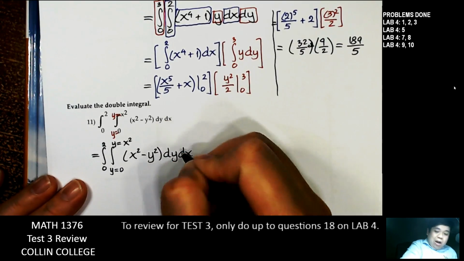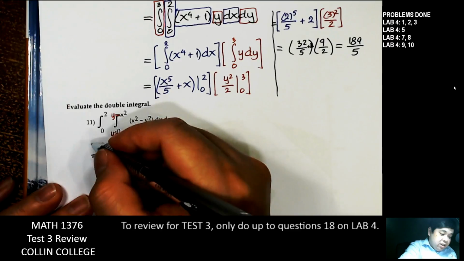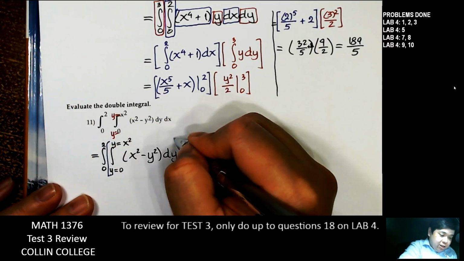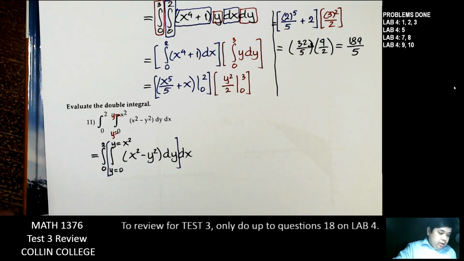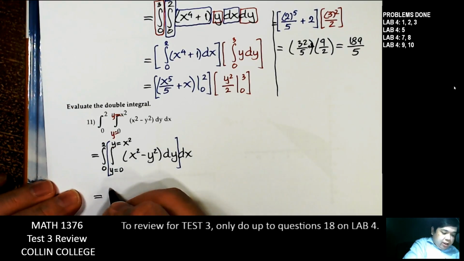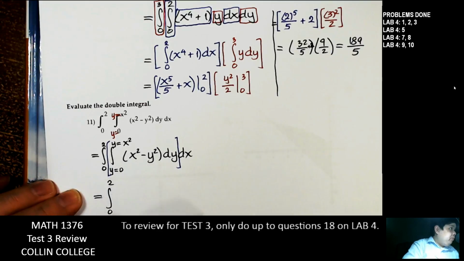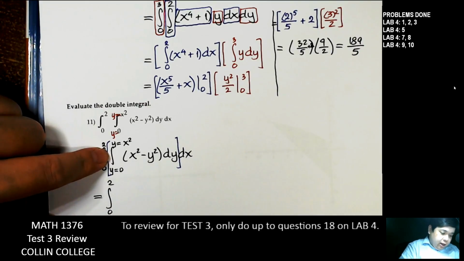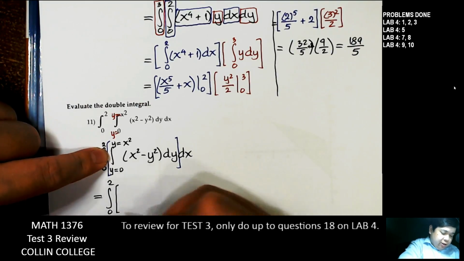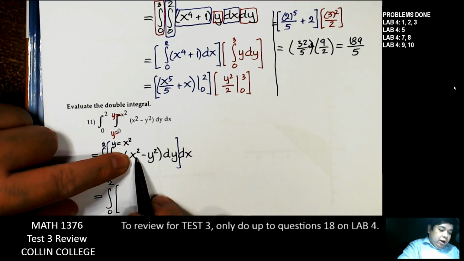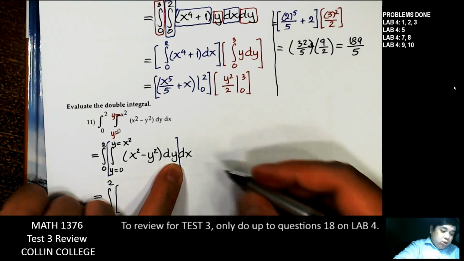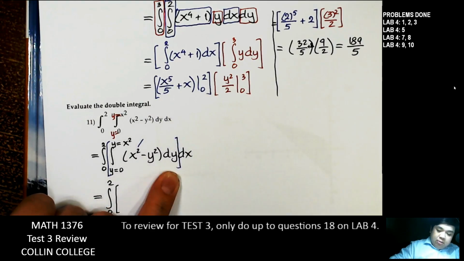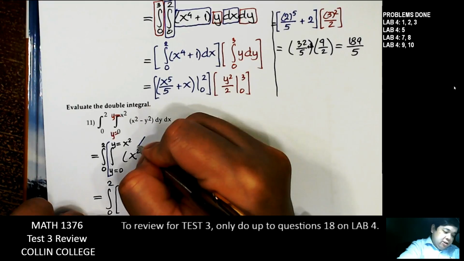Right, now our last one will be inside and out, where y is the variable. So we'll have 0 and 2, integral of x squared. Since we integrate with respect to y, this is a constant.